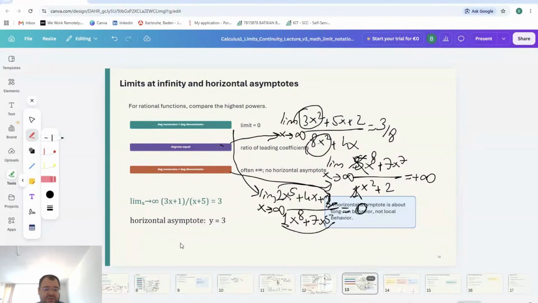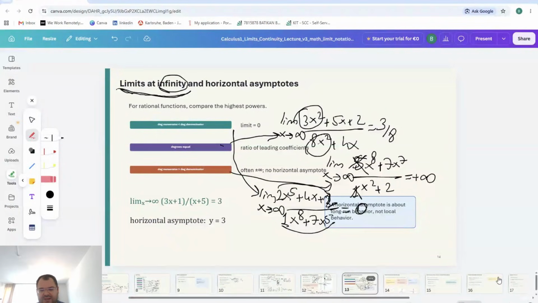When we talk about horizontal asymptotes, we check when x goes to plus infinity or minus infinity, whether your function is going to a certain value. That's why it's called limits at infinity. Your x value is going to infinity or minus infinity, and you are checking whether your function's y values are approaching a certain constant.